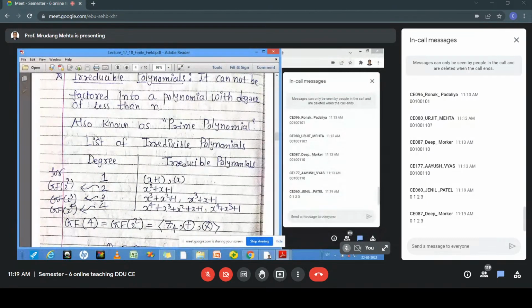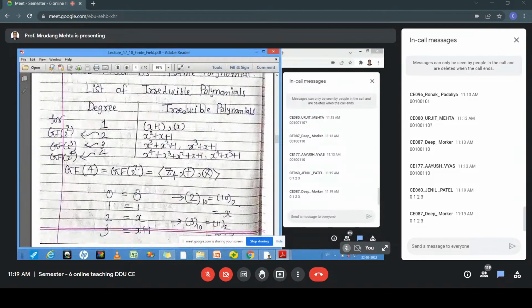Z4 means 0, 1, 2, 3. Very good. So in Z4, the operators are plus 4 and star multiplied 4. That means the result is modulus 4. So we have 4 elements 0, 1, 2, 3.